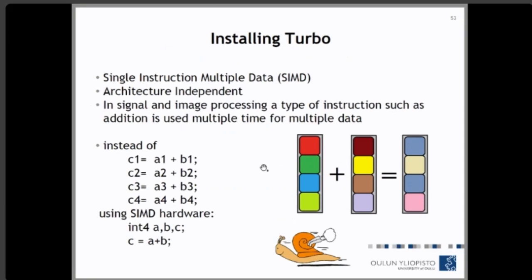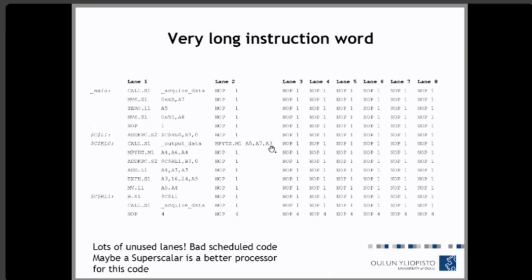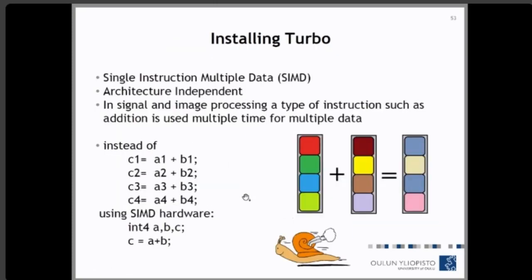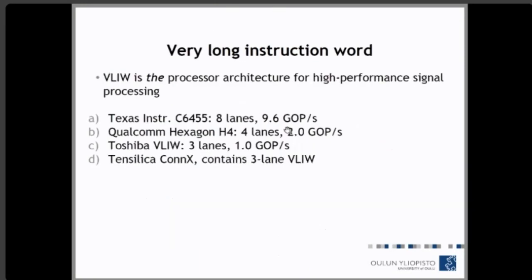The last trick is similar to VLIW, but I felt that I have to mention and clarify the difference. We can add SIMD instructions. What is a SIMD instruction? It's not like VLIW.